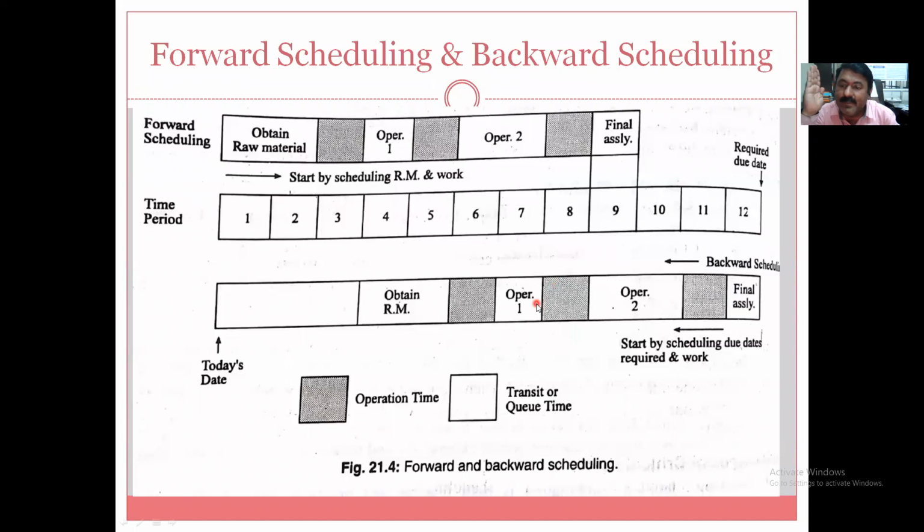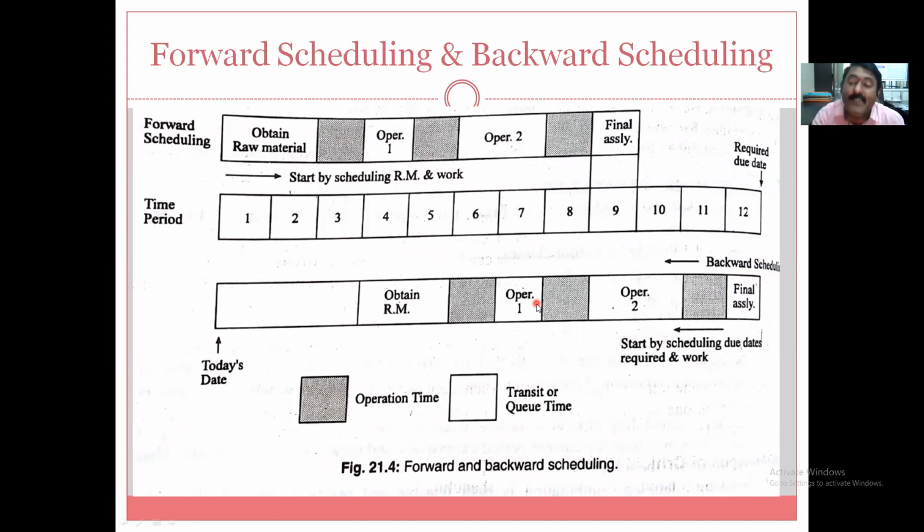Very first, the end date is taken into consideration, when that job is required. For example, let us say 25th of March. What is today's date? 4th of January. So 25th of March at one side, 4th of January at the other side, and what is the time span available in between?